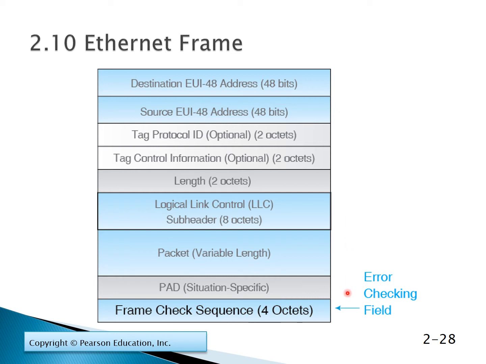And if the final result is the same, that means the message has been sent without any errors. If the two frame check sequences are different, or if the calculation is not correct at the end, then the recipient will know that there is some error in the transmission.